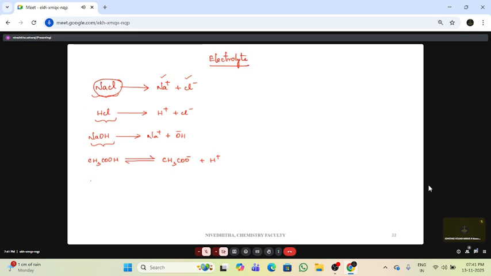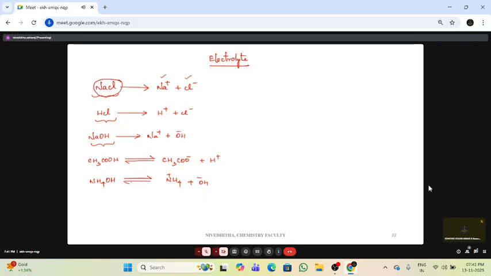What compound is this? NH4OH. Ammonium hydroxide, ma'am. Yes, ammonium hydroxide. So ammonium hydroxide will get dissociated into NH4 plus and OH minus.